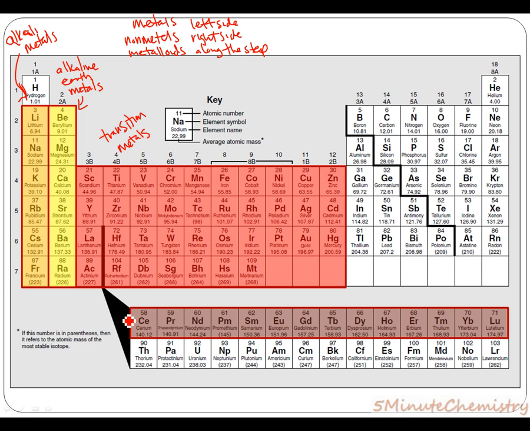Now, the next group that we have starts here with cerium, element 58. These are the elements that follow lanthanum, and these are called the lanthanoids, or the lanthanoid series. The lanthanoids tend to be heavier metals. Some of them are radioactive as well.